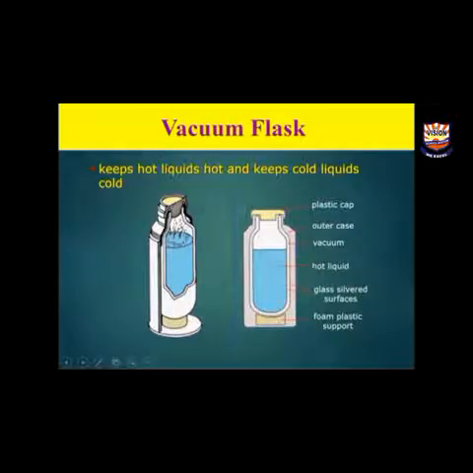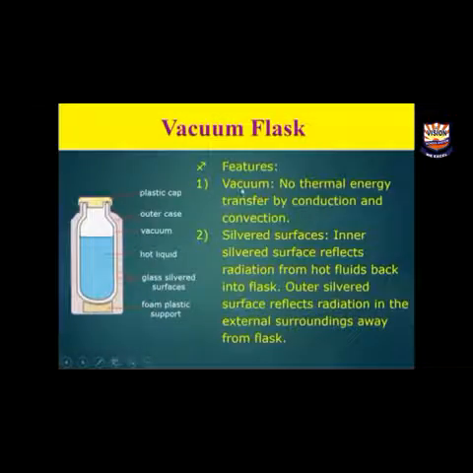If you put a hot liquid in here and you close the cap, this liquid will remain hot for a few hours. The key point is that the sides of the flask are almost completely enclosed in a space where air has been sucked out, which means this part is a vacuum.